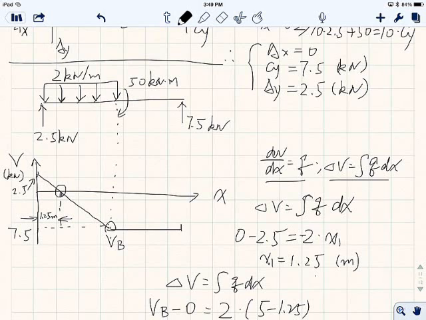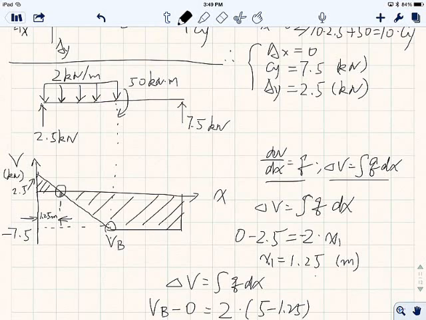So it's going to go back to 0. Because this is negative 7.5, and here it goes up 7.5 because whenever you have a concentrated force, it jumps by the magnitude of the concentrated force, right? So minus 7.5 plus 7.5 equals 0, which totally makes sense.